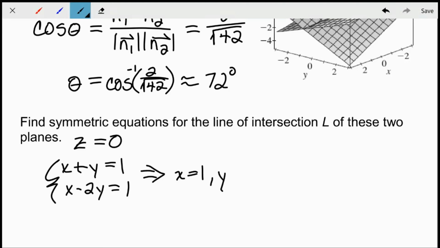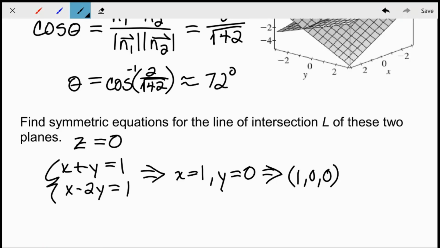You get x is 1, y is 0. And so from that, we know (1, 0, 0) is a point on our line. So now we have a point on the line. The only other thing we need now is, remember, if we want the equation of the line, we need a direction vector and we need a point.